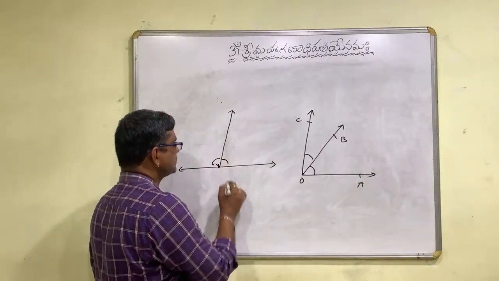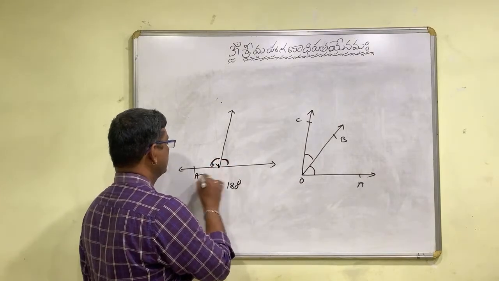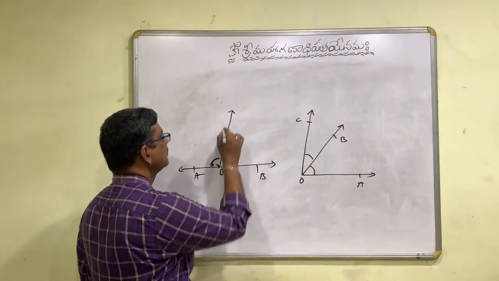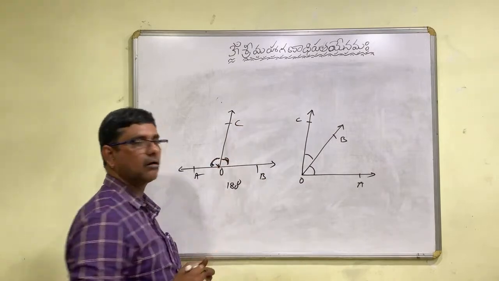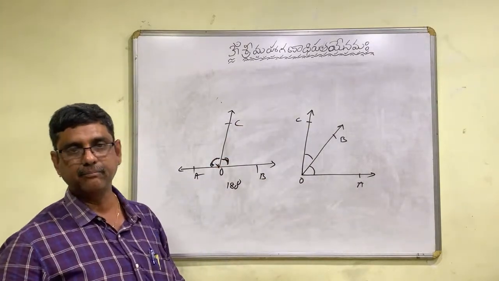These two angles, their sum is 180, and these two angles are called linear pair of angles. Their sum is 180.